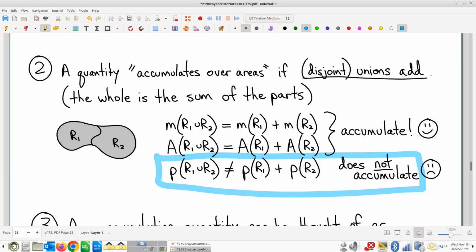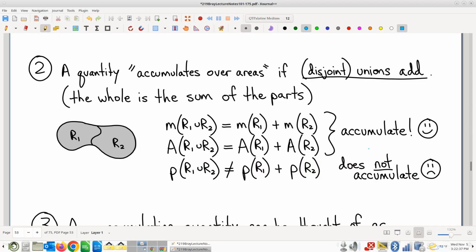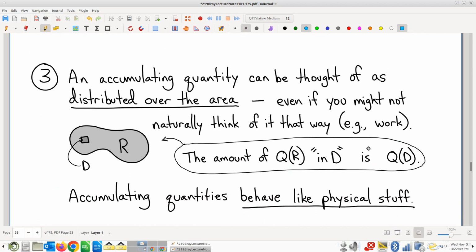Does everybody see that? Any questions about that? So not everything is an accumulating quantity. And when something is an accumulating quantity, we have a useful feature that we're going to be able to take advantage of. That's about where we left off last time.